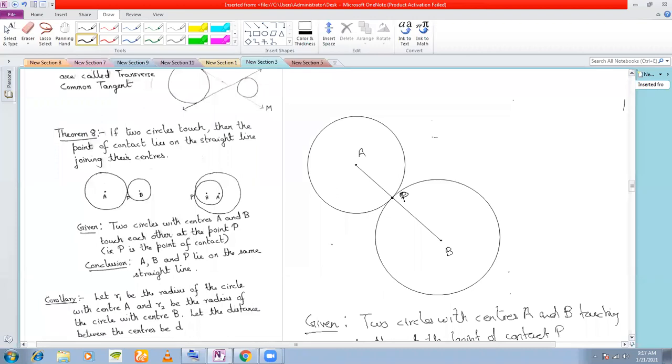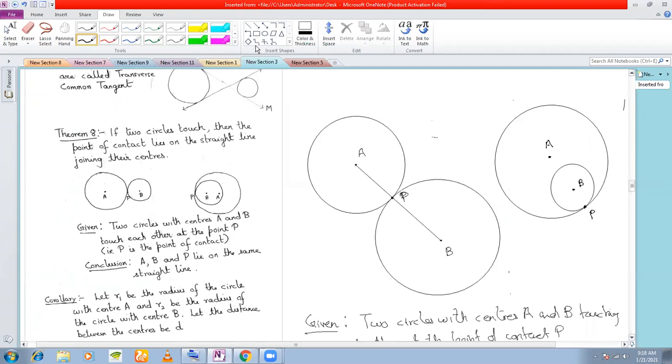This is for two circles touching each other externally. Let us see when two circles touch each other internally. Then what happens? Two circles touching each other internally. Two centers A and B are given, and a point of contact P is given here.